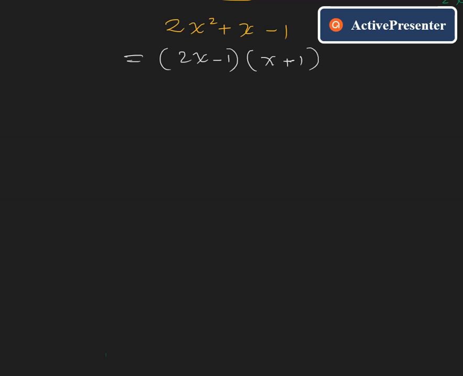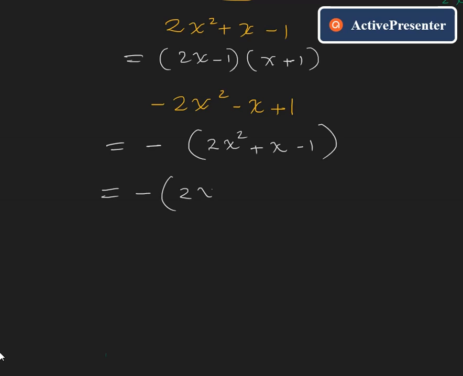Okay, and if we say minus 2x squared minus x plus 1, this is, when it is factored, equal to, take the negative outside, then change the sign, 2x squared plus x minus 1. Now you factor, so this is equal to minus 2x minus 1 x plus 1.